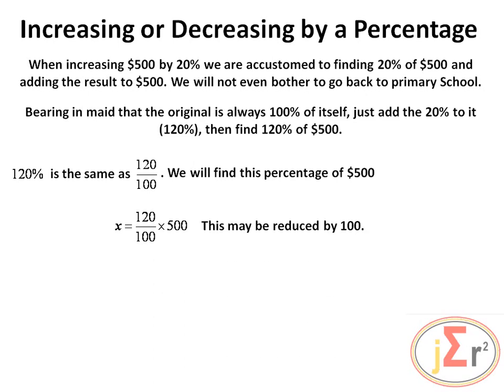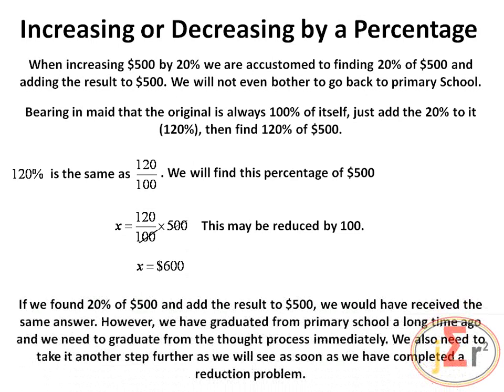This may be reduced by 100 quickly, and we have 120 to be multiplied by 5, and that gives us $600. If we found 20% of $500 and added the result to $500, we would have received the same answer.